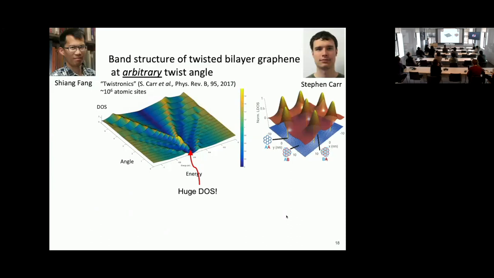And the high density of states in real space, where the electrons are localized, are in the AA regions, in the regions which are of high stacking energy. So this is important for further discussion. I'll come back to it. And of course, localized electronic states correspond to flat bands.